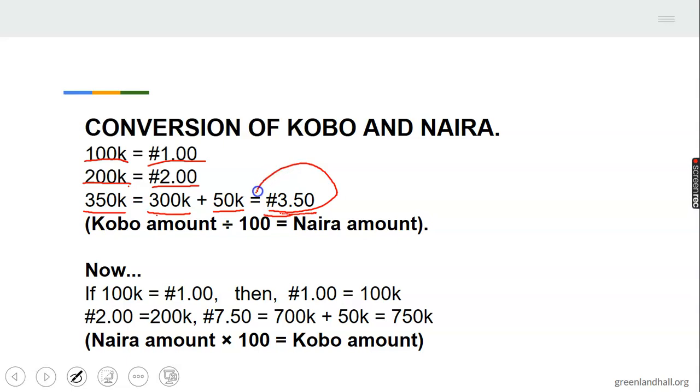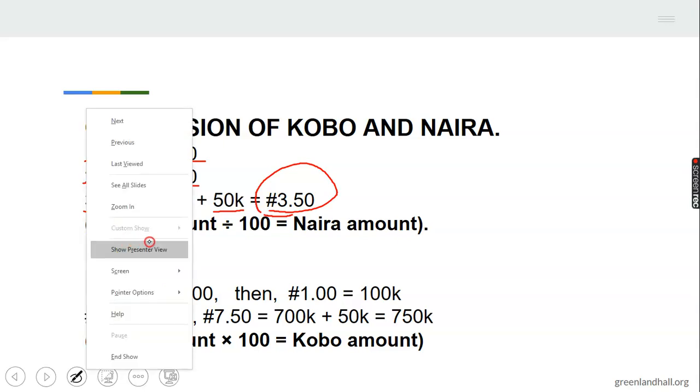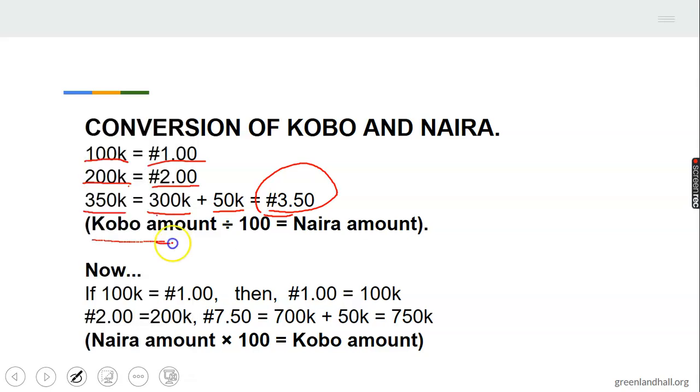3 naira, 50 kobo. If you want to calculate again, and you are given your kobo, what you can do to get your amount is to divide the kobo amount that you have. See what I've written here? Kobo amount divided by 100 will give you your naira amount. Like now, let's say you have 700 kobo.